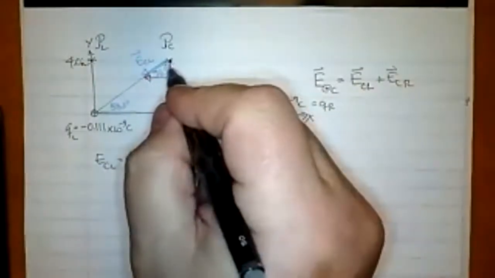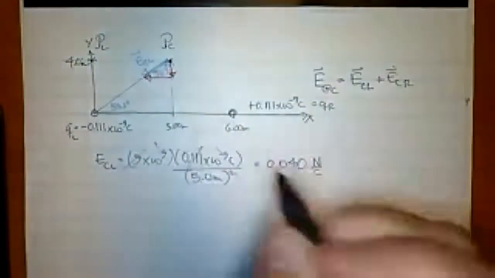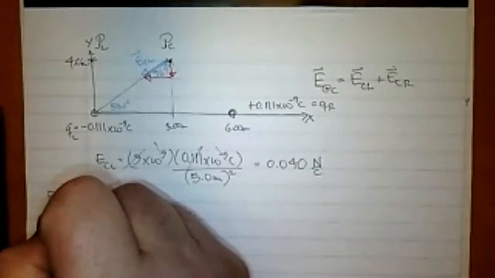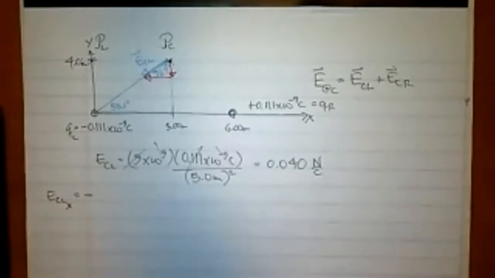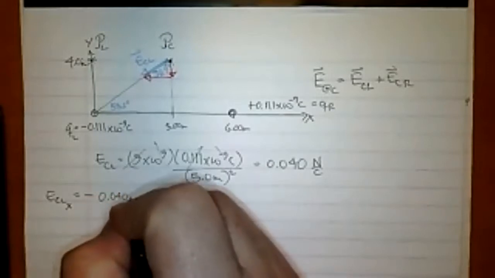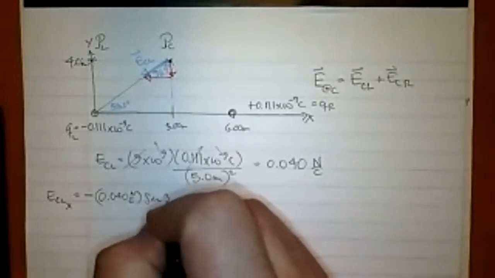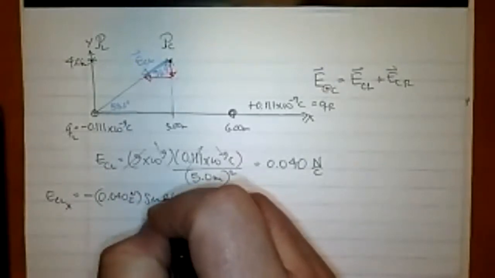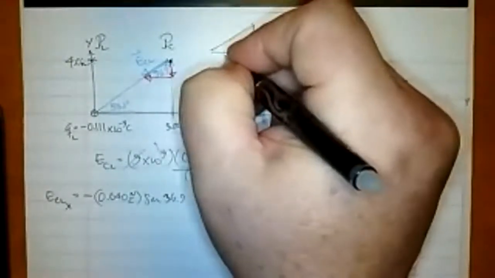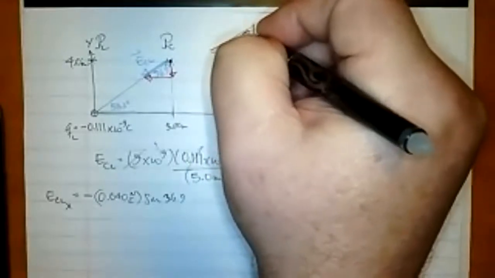Now, from this, I can see that the x component should be given by opposite over hypotenuse. So I can say ECL sub x would equal, forcing my negative right there, 0.040 newtons per coulomb times the sine of 36.9. If you remember the 3, 4, 5 triangle, this is 36.9 right here.